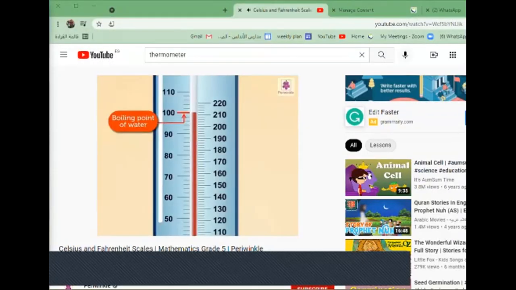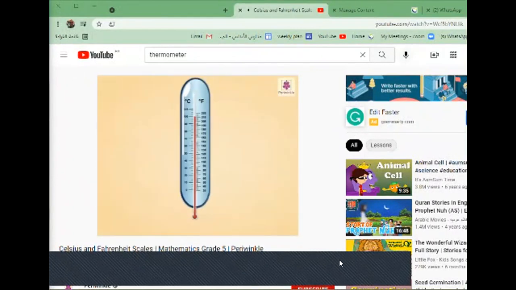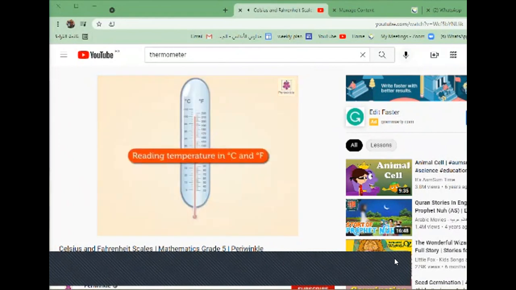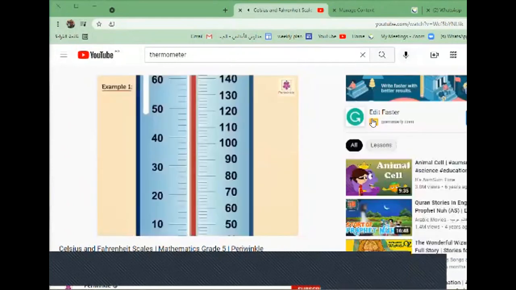The boiling point of water on Celsius scale reads 100 degrees Celsius, and on Fahrenheit scale it reads 212 degrees Fahrenheit. Now let us read the temperature in degree Celsius and degree Fahrenheit. Example 1.